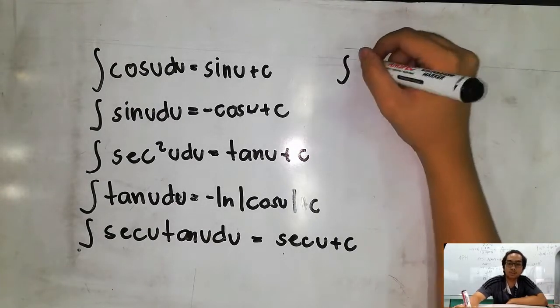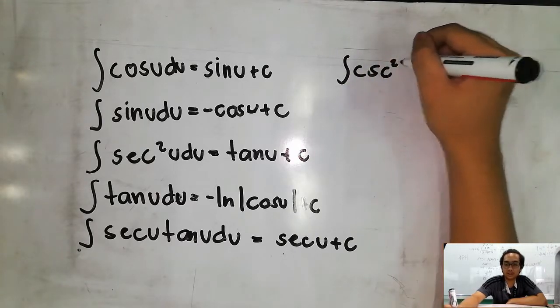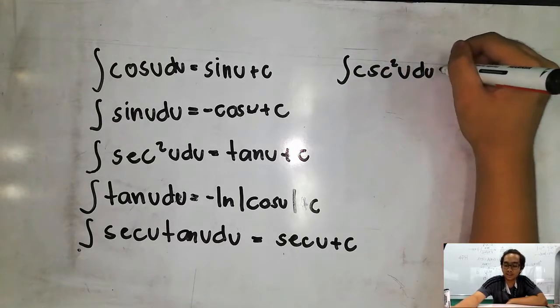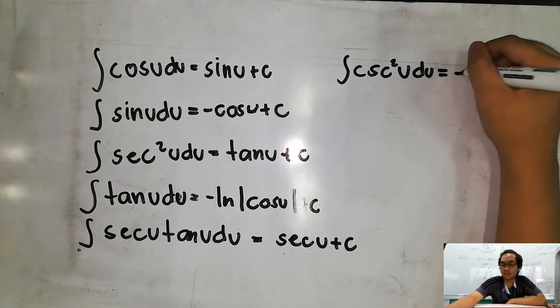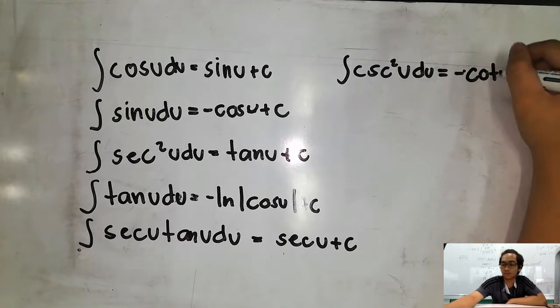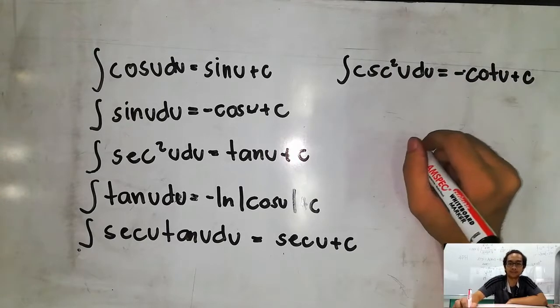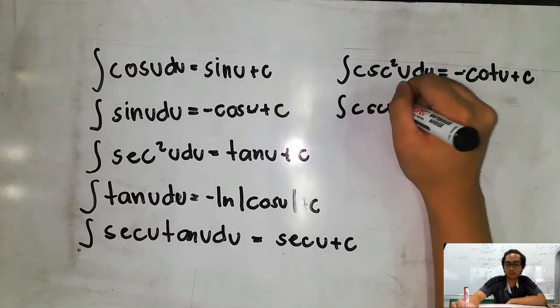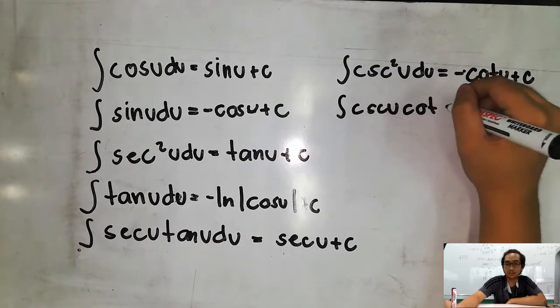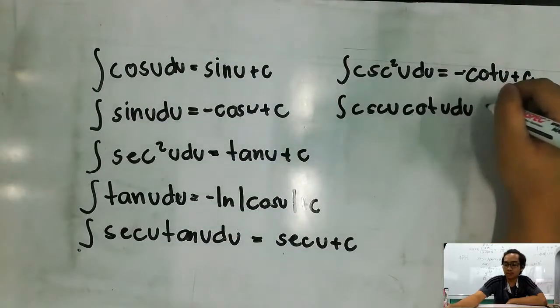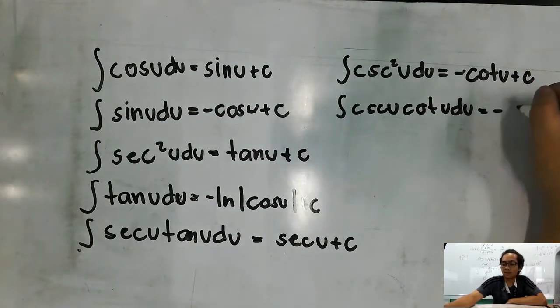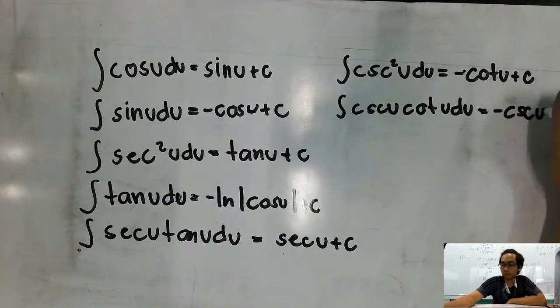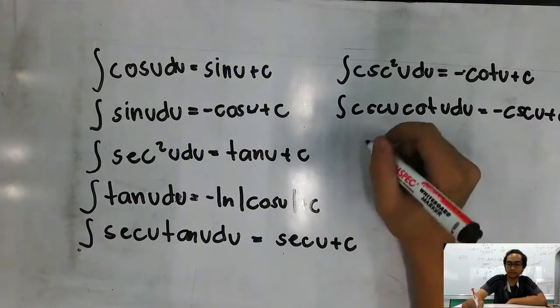The integral of cosecant squared u du is equal to negative cotangent u plus c. The integral of cosecant u cotangent u du is equal to negative cosecant u plus c.